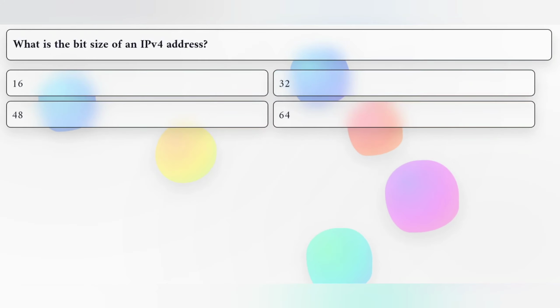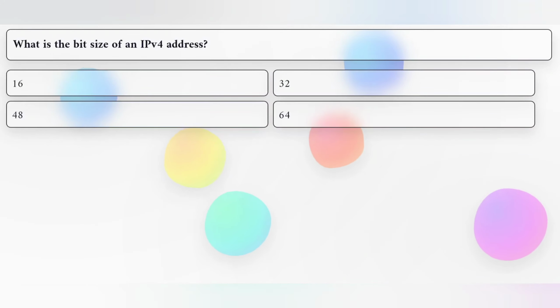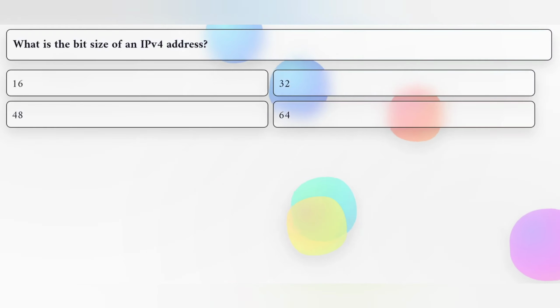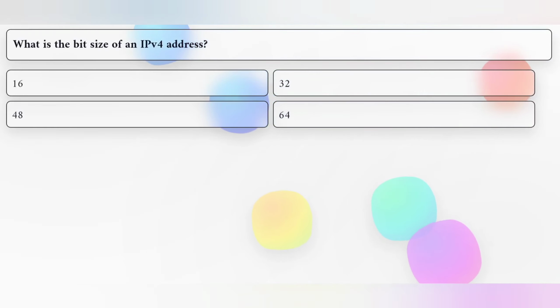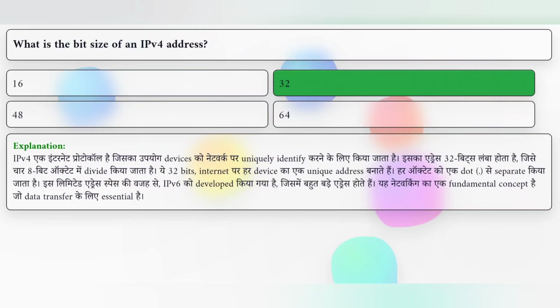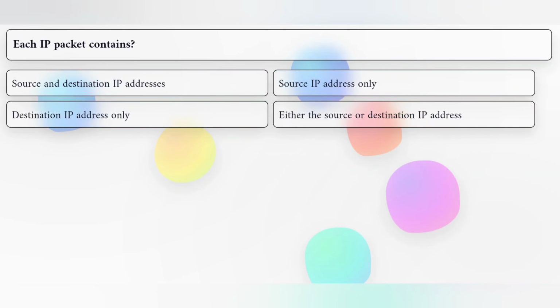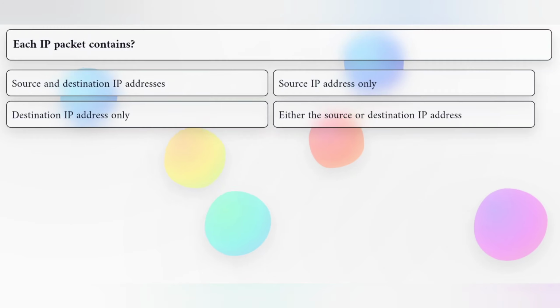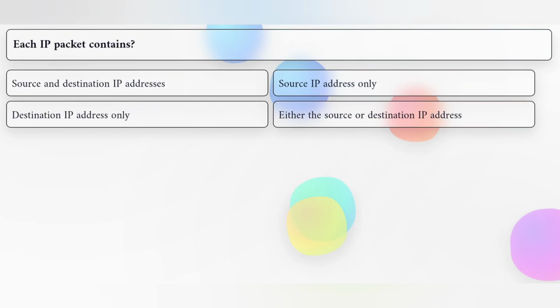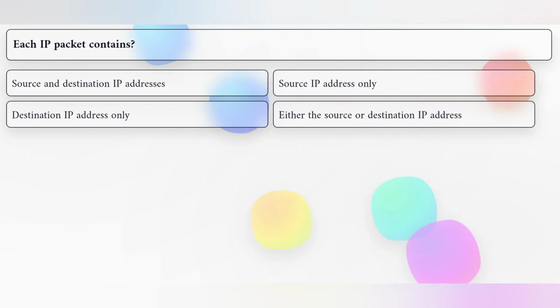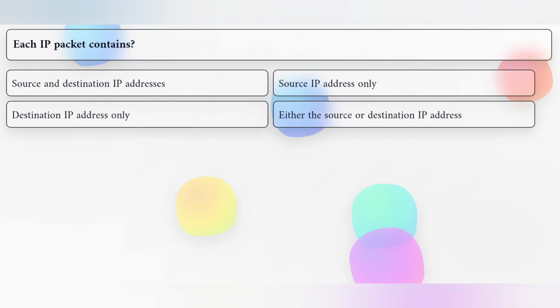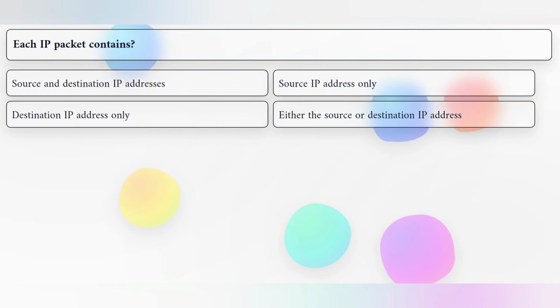What is the bit size of an IPv4 address? 16, 32, 48, 64. Each IP packet contains source and destination IP addresses, source IP address only, destination IP address only, either the source or destination IP address.